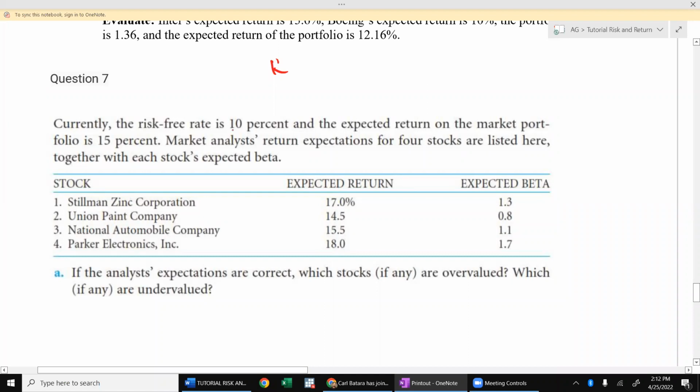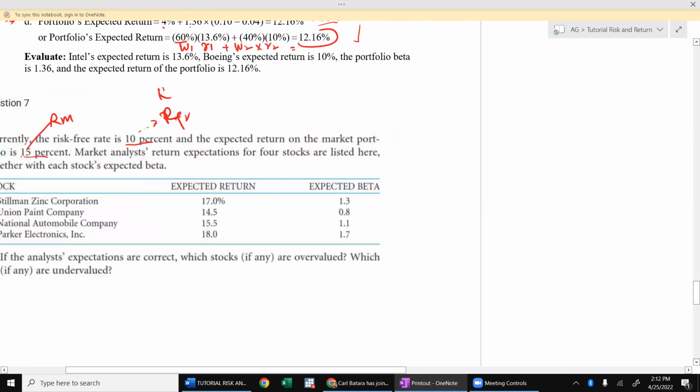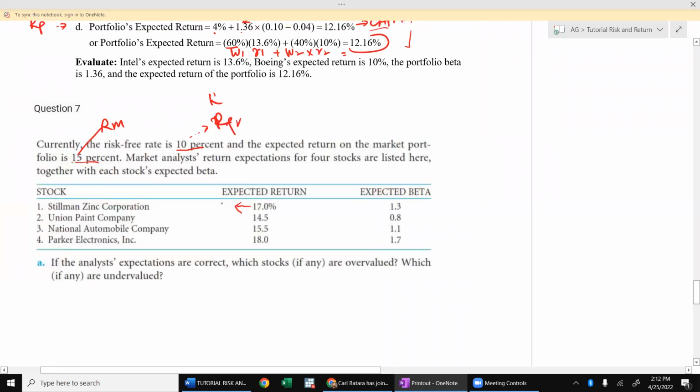Currently, the risk-free rate is 10%. Expected return on the market portfolio is 15%. So this is the return of the market, and this is the risk-free rate. Market analyst return expectations for 4 stocks are listed here together with each stock's expected beta. Please help me to solve this question. Existing shareholders for this stock are requiring 17% in the market.